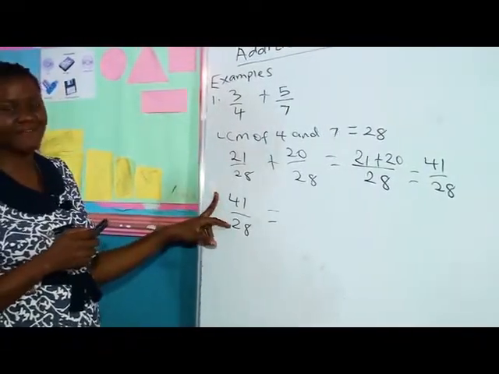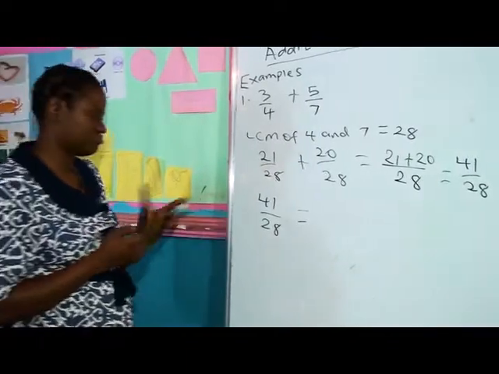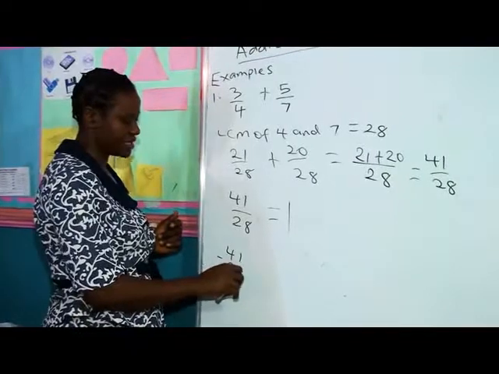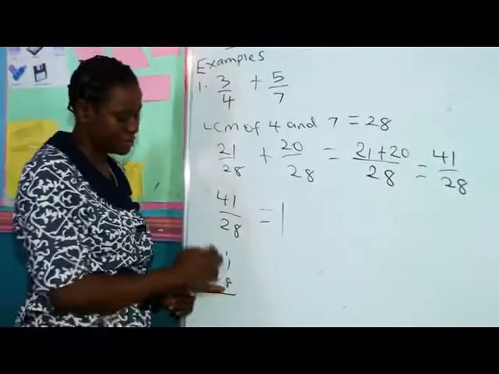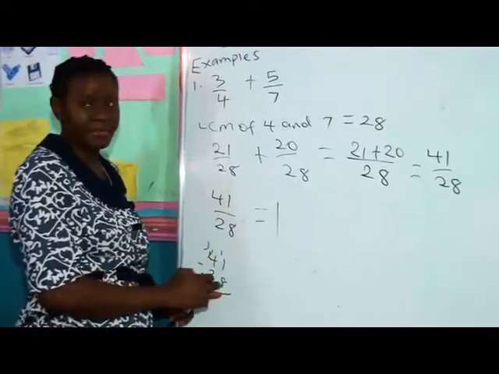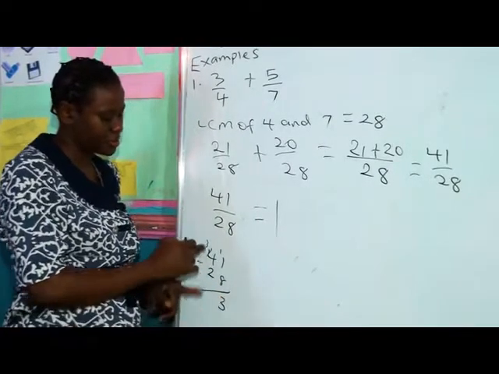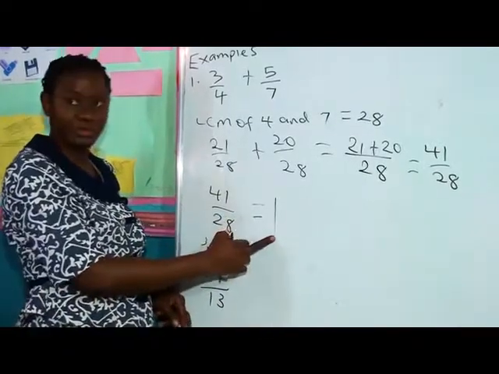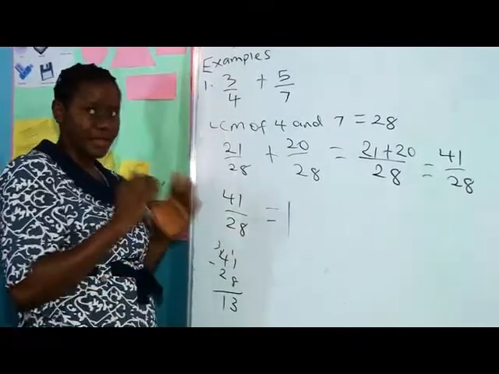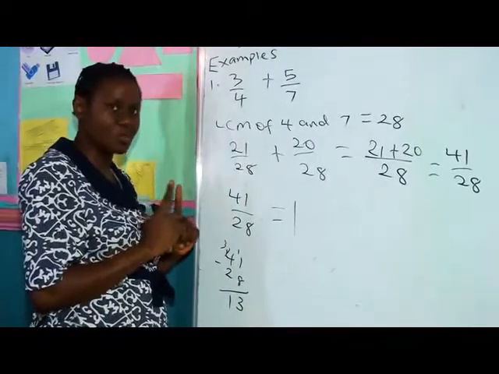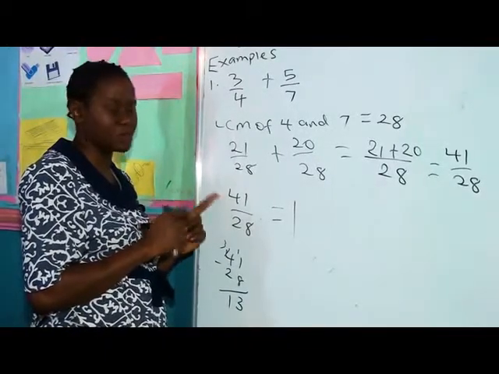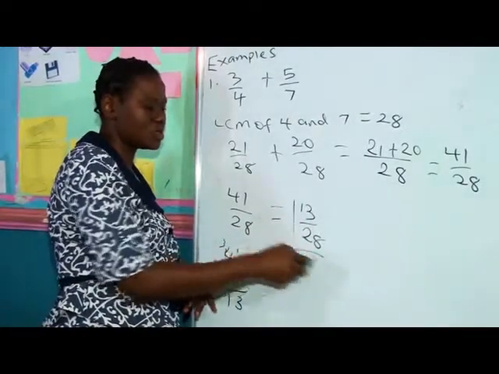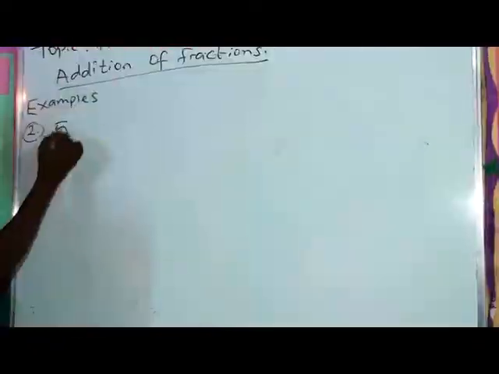How many 28s can I find in 41? 1. 41 minus 28: 11 minus 8 is 3, 3 minus 2 is 1. So I have one whole number. That means I can find one complete set of 28 in 41, one whole number, 13 over 28. So this would be our final answer.